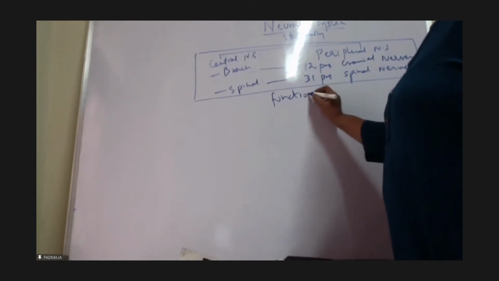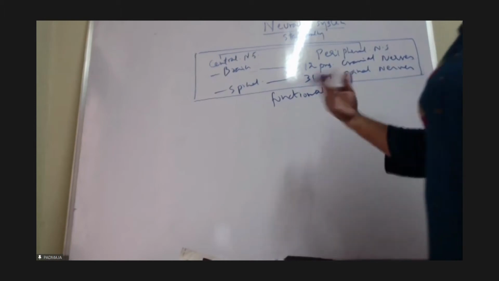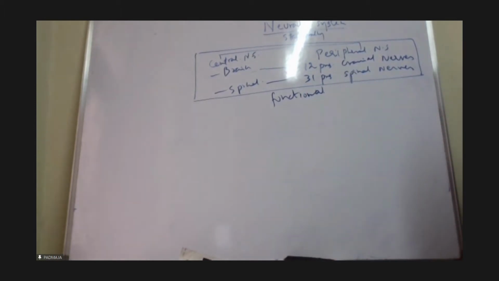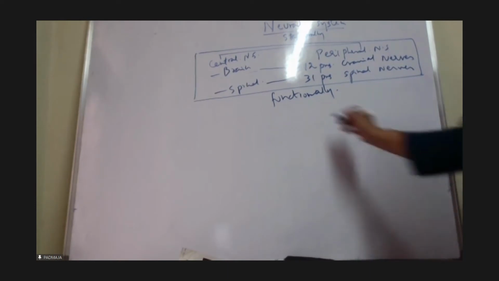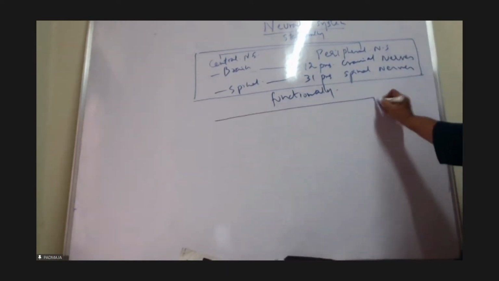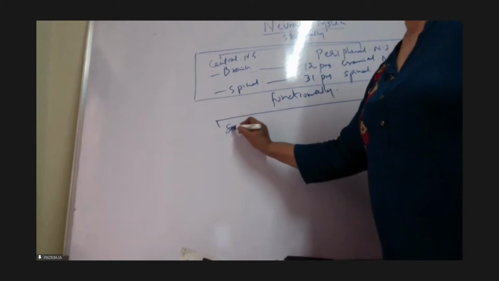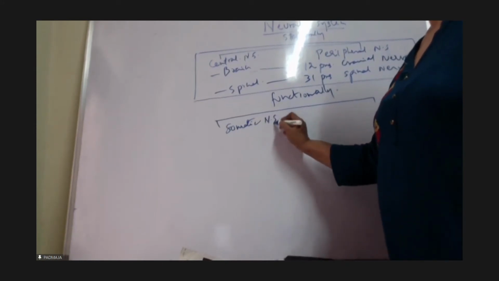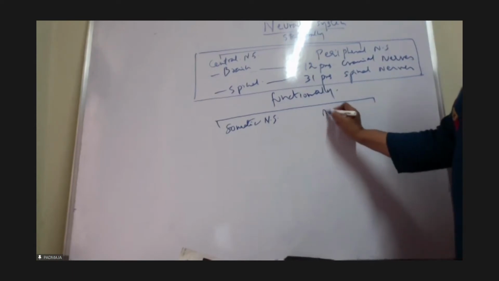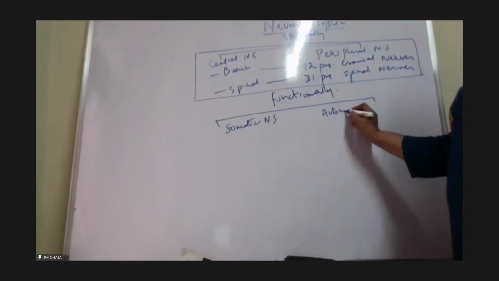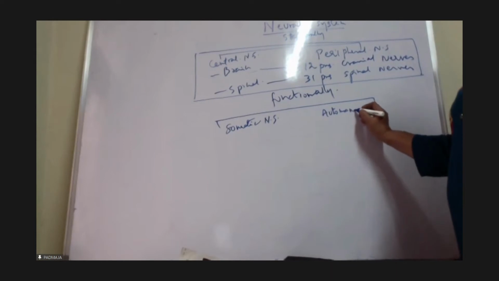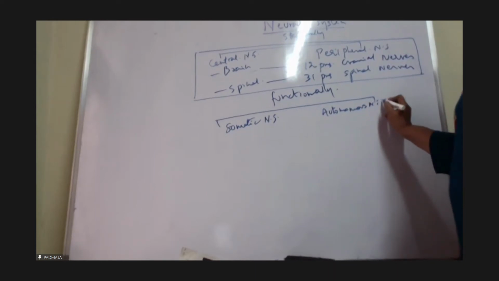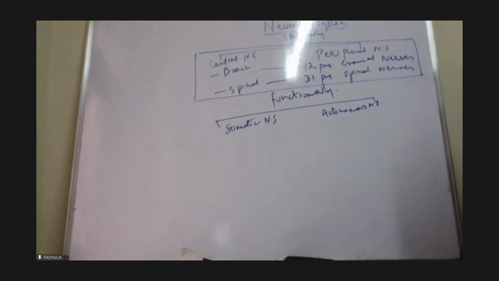Now dividing your neural system functionally. So functionally, how is it divided? Somatic neural system and autonomous neural system.